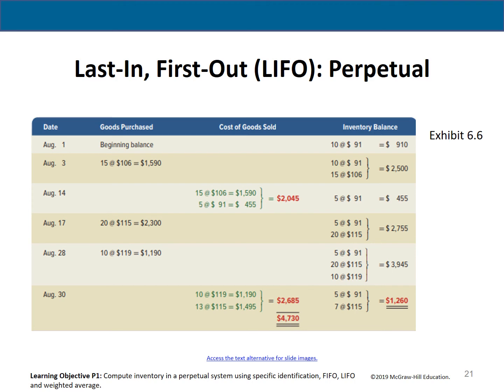August 30th, we sell 23 bikes. We charged our customer $150 a bike. Great. But how much do we debit cost of goods sold and credit inventory for? Under LIFO, we say, what was the newest purchase? These 10 that cost $119. The assumption is under this method, they're gone. We just sold them. The other 13 bikes are from the 20 that we purchased that cost $115. So we'll remove 13 of those 20 bikes that cost $115.